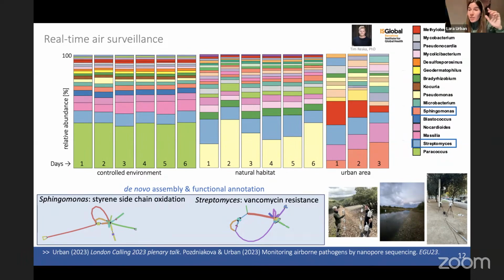Because the problem is, if we treated those samples really harshly, we would completely shred all of the DNA of our gram-negative bacteria and so on, and we would lose those. So I think you would need several approaches to really reflect the true diversity. But I do think that's a problem we have in everything metagenomics-wise. But I would be really interested to treat these samples a bit more harshly and see what else we would find there.